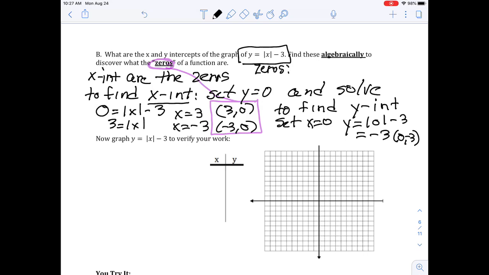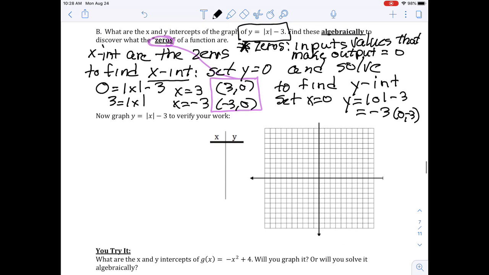So your zeros are input values that make output equal to 0. So that's an important new vocabulary word.